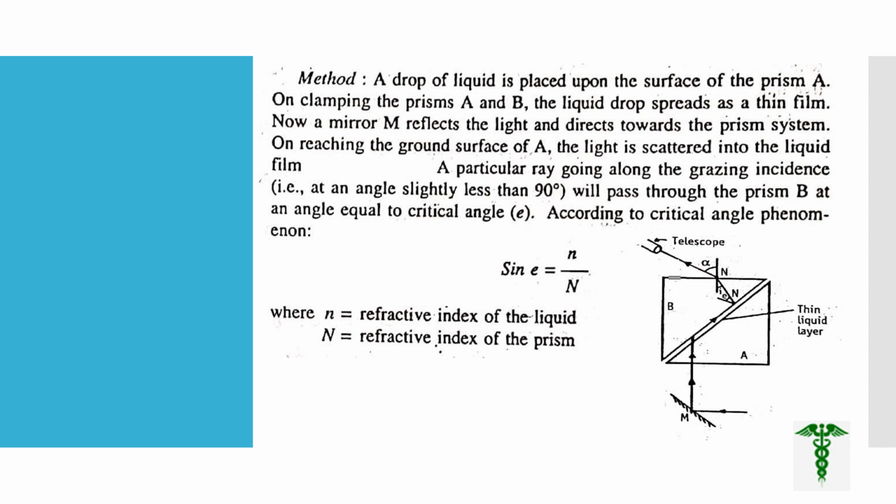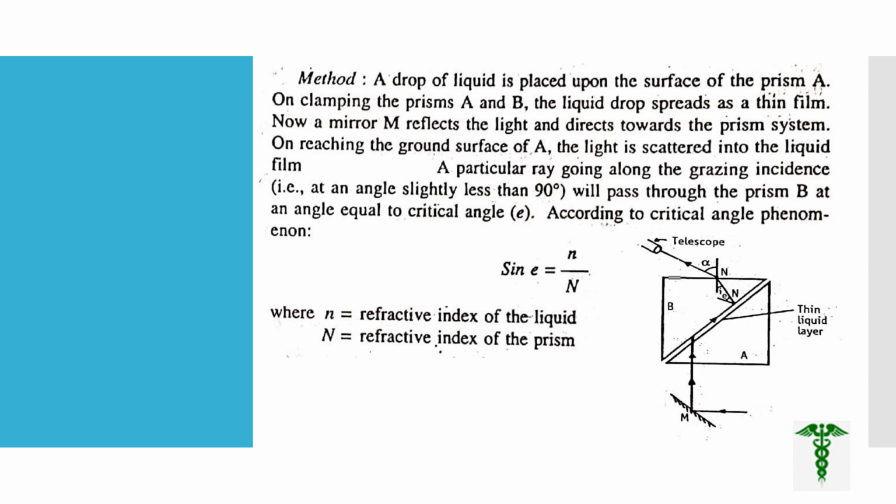We have the reflective mirror down. The mirror M reflects the light, and it directs towards our prism system. When it reaches the ground surface of A, light is scattered into the liquid film.